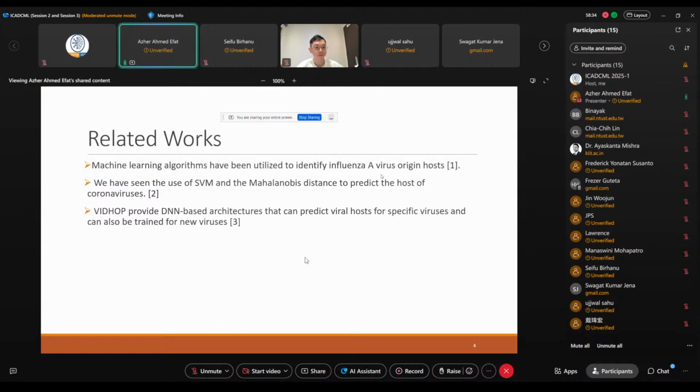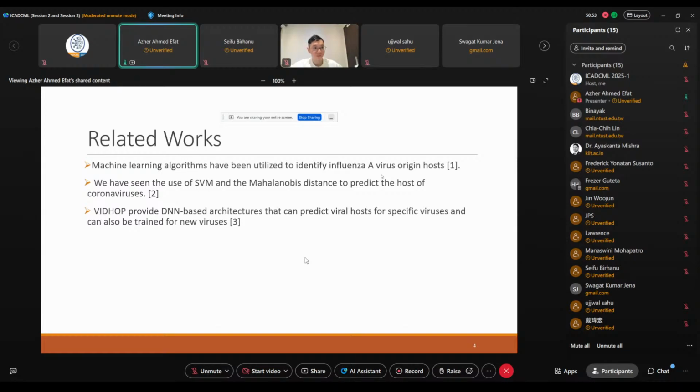Deep neural network based architectures have also been used to predict the viral host from nucleotide sequences or other features.